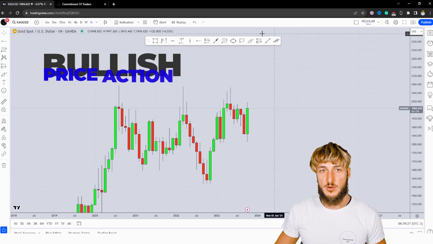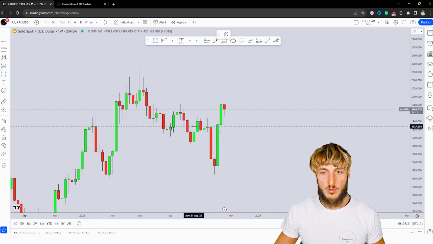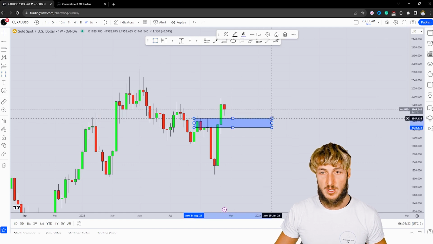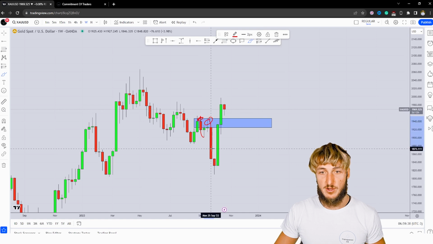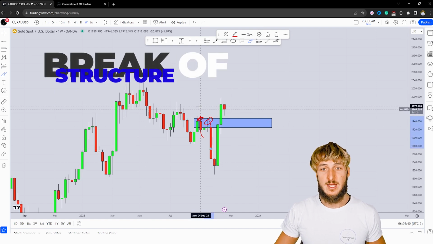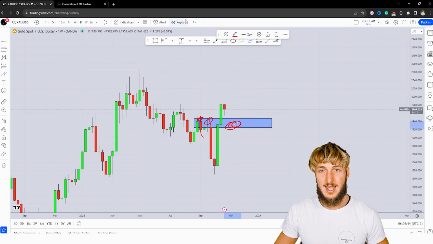Now, if we drop down on the weekly time frame, it is even more clear how the market has broken weekly structure to the upside. In fact, this area was acting as previous weekly resistance here and here. The market then broke above it, and at that point, all that previous resistance was turned support at this level.